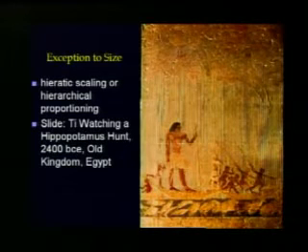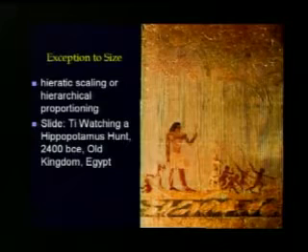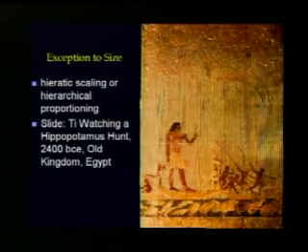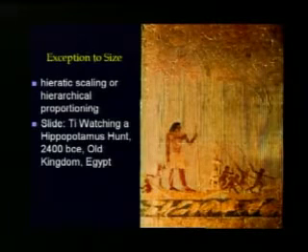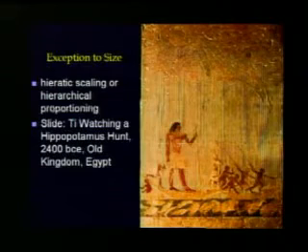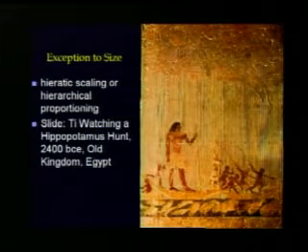But this is a case in Egyptian art where naturalism was not the intent. Now, they were trying to create a symbolic art, and so it was more important to them to show us who the most important person was, who the highest placed in the society was.